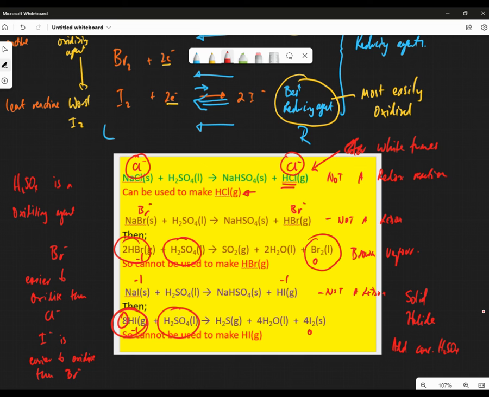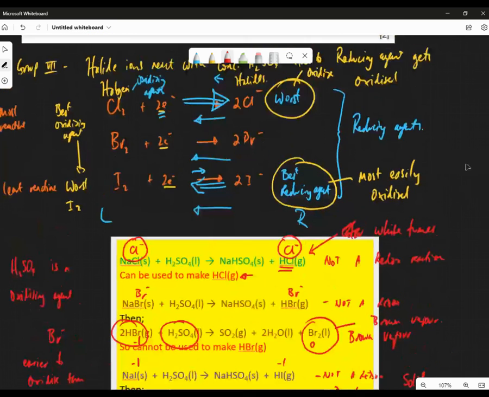If it's a bromide, you'll get a brown vapor. And if it's an iodide, you'll get a purple vapor, because things get hot. So I hope that makes sense.